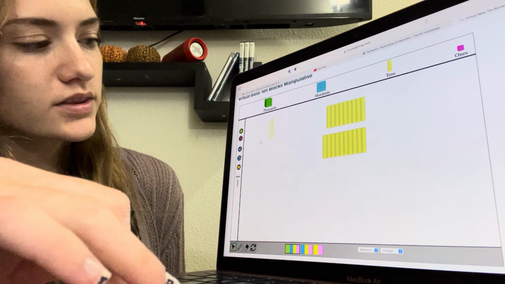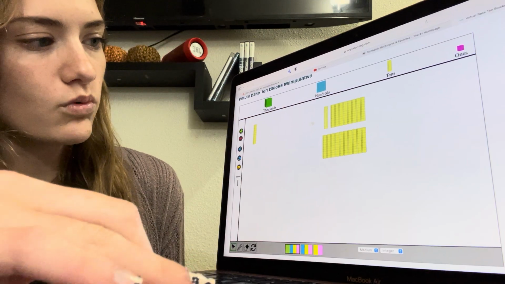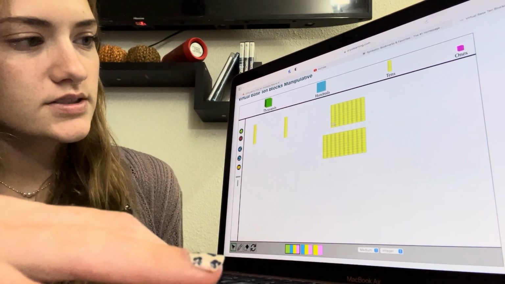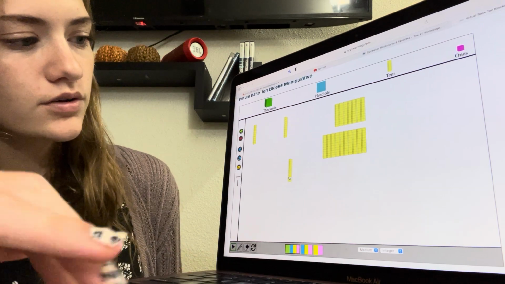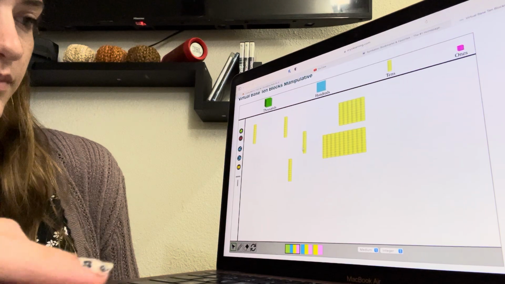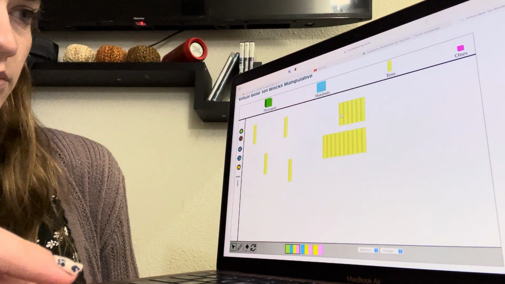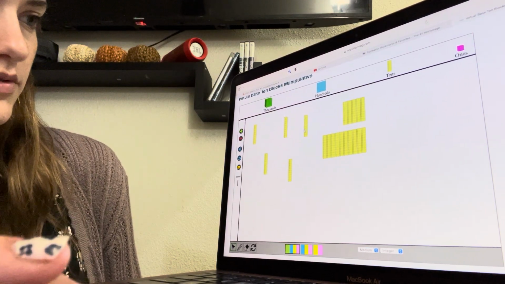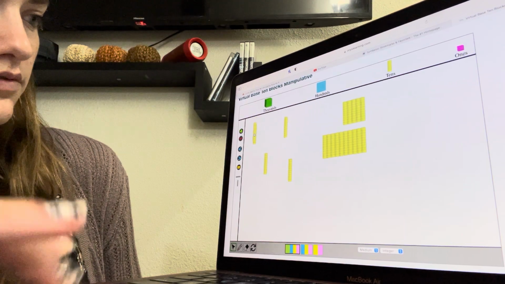And we're going to try to put them in 4 different categories. We got one category, a second group, a third group, and a fourth group. Come on, computer, work with me. All right, so now we're going to sort these into 4 different groups.